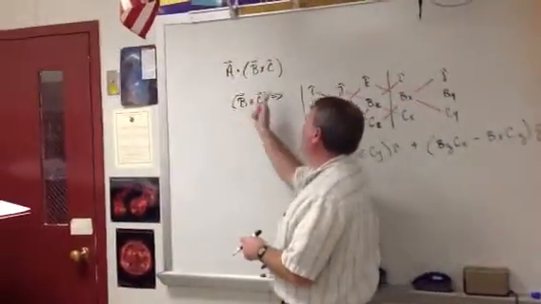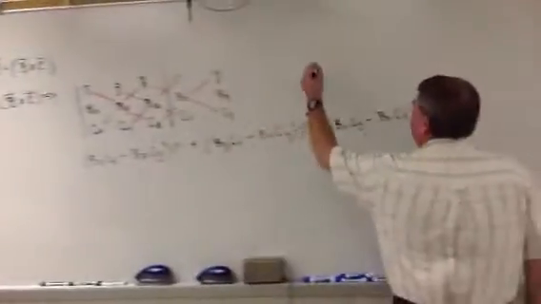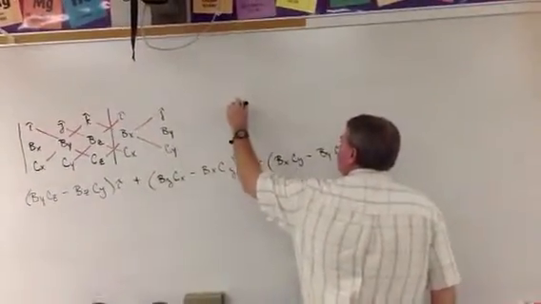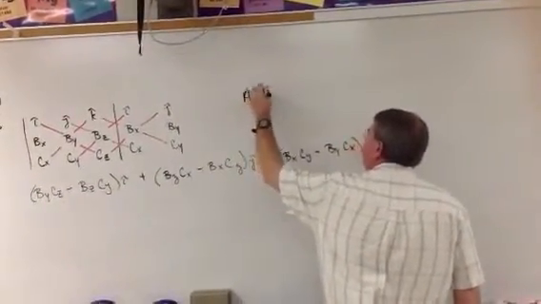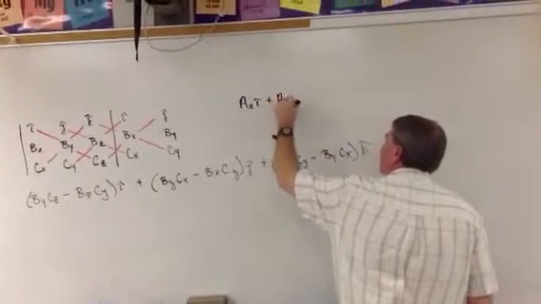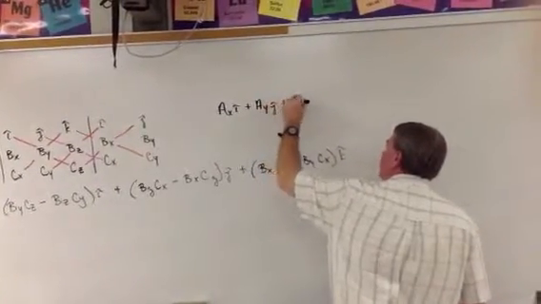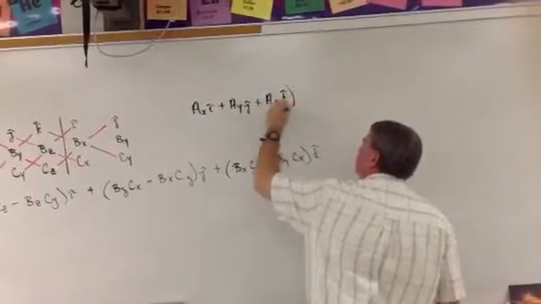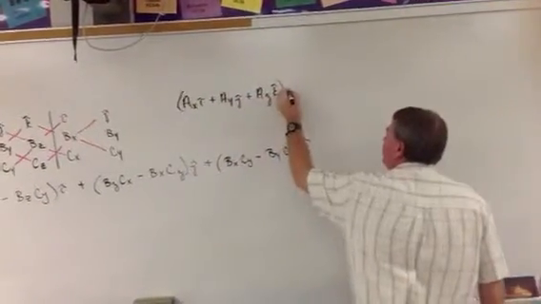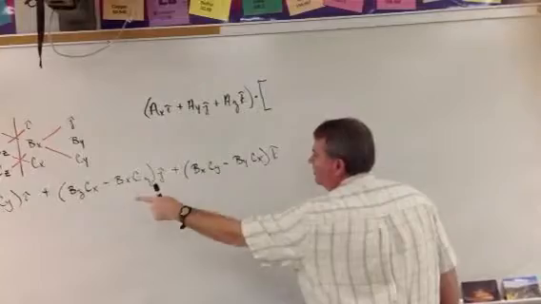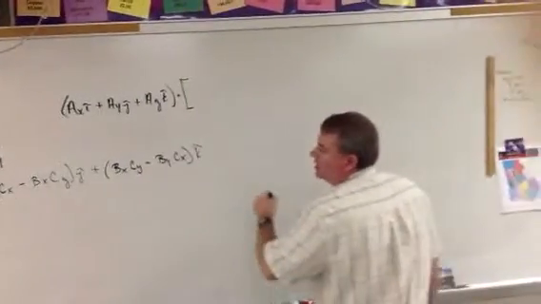We're going to dot A with B cross C. And I'm going to write that here. A is going to be Ax i plus Ay j plus Az k. And we're going to dot that with all the terms inside of the cross product.